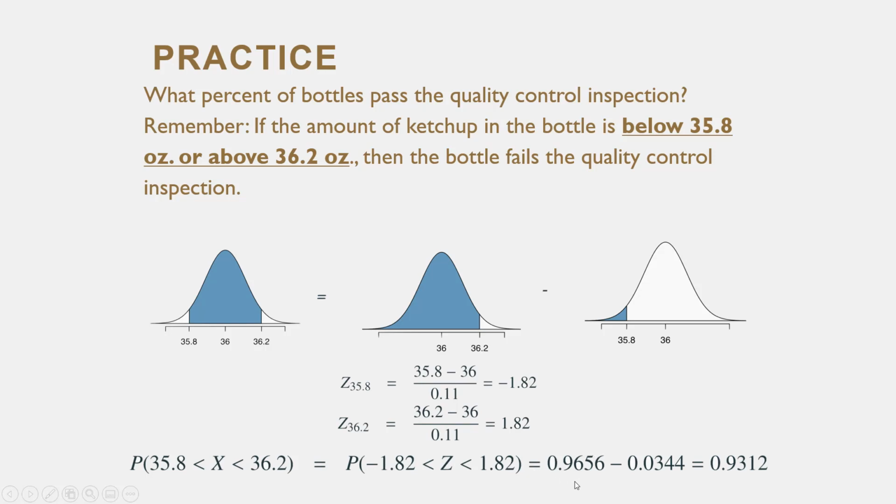I calculate my cumulative probability till 1.82 positive, which is 0.96, and I remove the probability of the little tail from before, which makes up 0.9312, which in real terms is 93.12% of the bottles pass the quality control inspection.